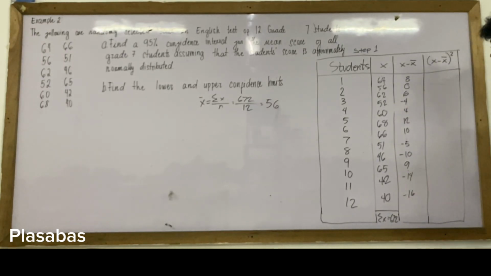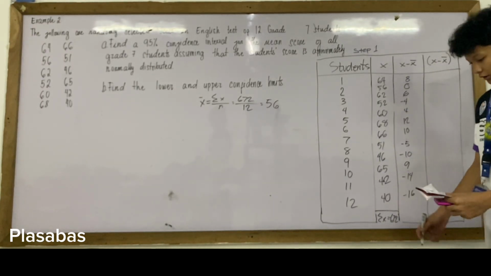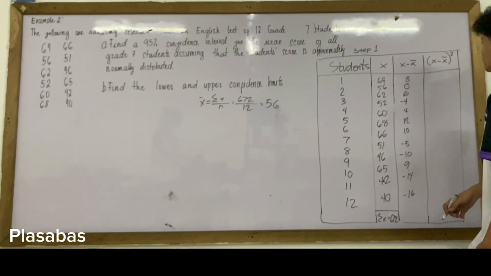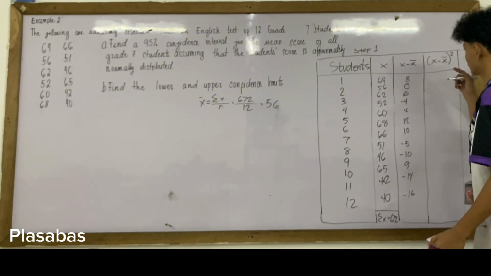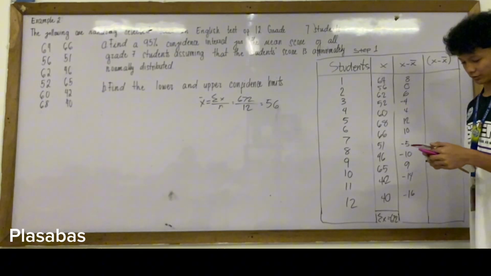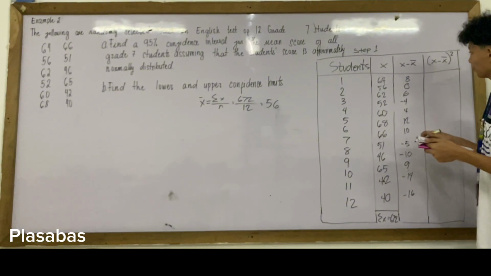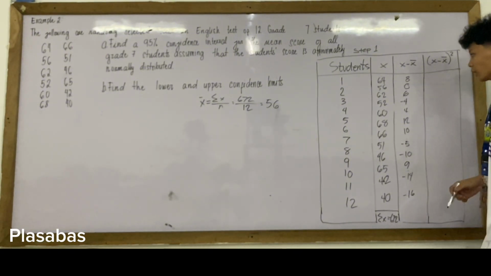And then, before we proceed to our fourth column, we need to solve it by multiplying each by itself.